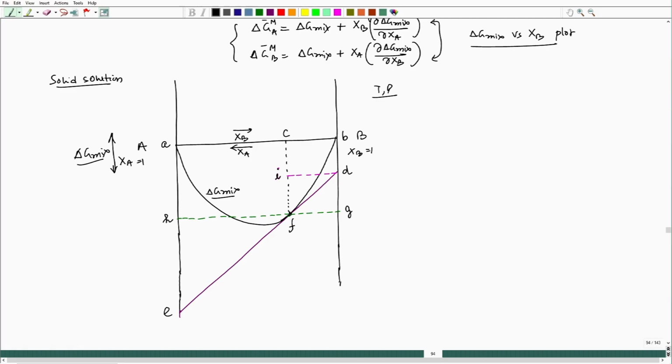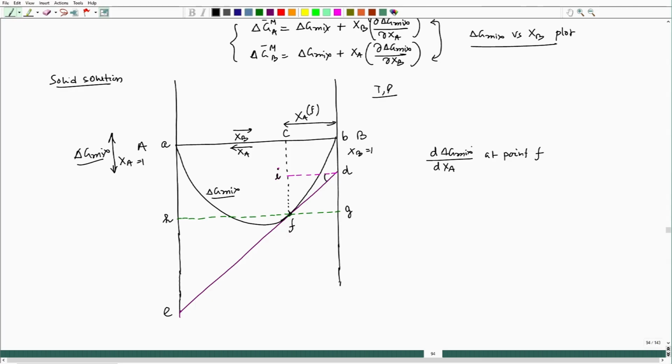Let me first try to calculate delta G bar M A. Let me just show it over this particular graph. Now, if I try to calculate the slope of delta G mix with respect to x A at point F, this is the composition corresponding to F. If I try to find the slope at that point, this will be the angle I have to consider.